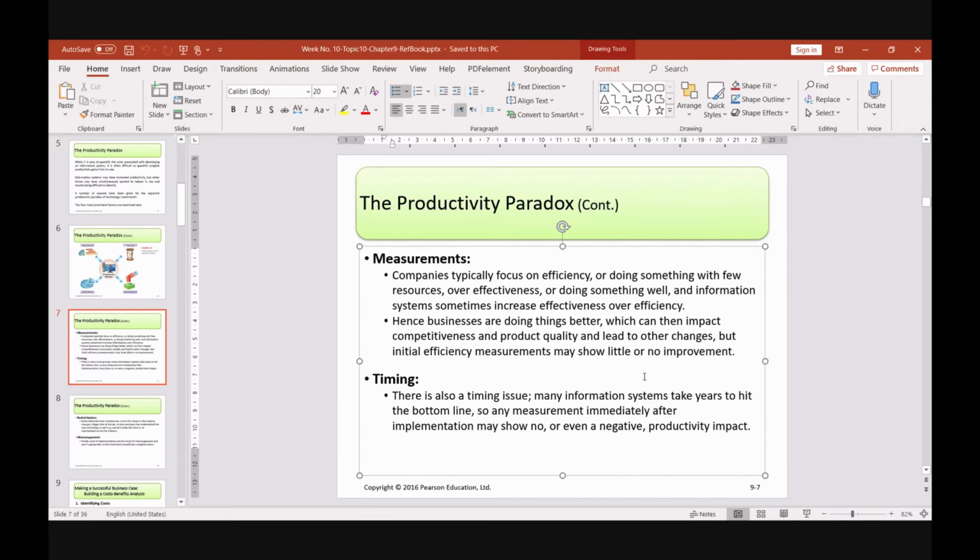Hence, businesses are doing things better, which can then impact competitiveness and product quality and lead to other changes. But initial efficiency measurements may show little or no improvement. So why have you chosen an information system for your organization? Can you tell me?